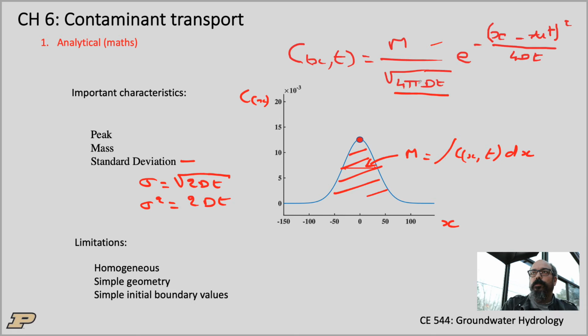So it's the square root of 2 pi times 2Dt, which equals the square root of 2 pi times the variance, sigma squared. Right, 2Dt is the variance. Meaning that if we have a distribution of concentration, we can just measure the variance of it and find the dispersion coefficient. So in practice for aquifers especially, that's very important because we don't know what dispersion is a priori.